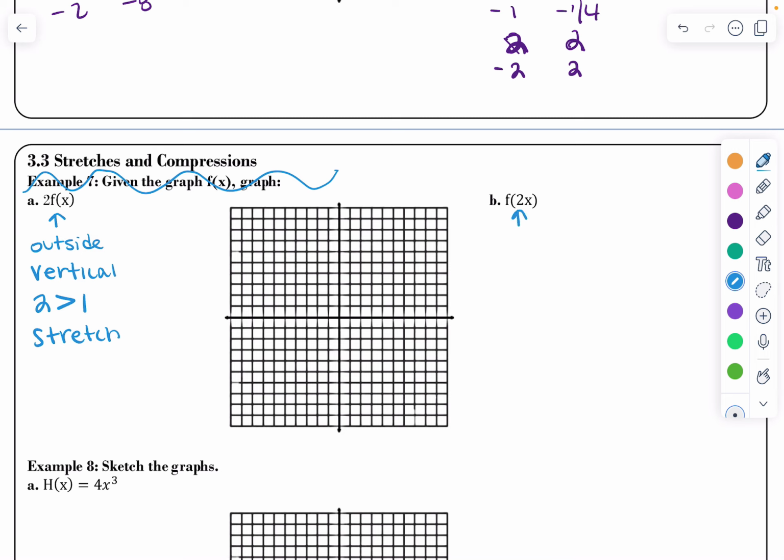Letter B, looking at this 2, this is inside the grouping symbol. It is going to be horizontal because it's inside the grouping symbol. And it's going to be 2, which is greater than 1. Instead of a stretch, it is a compression for our horizontal function. Okay? All right.